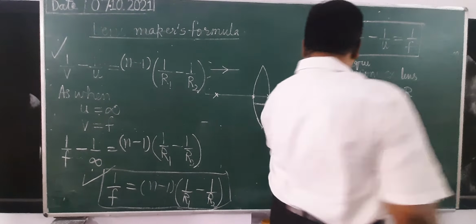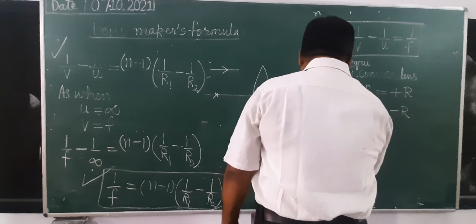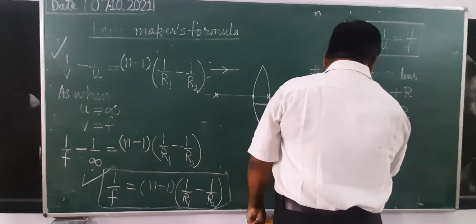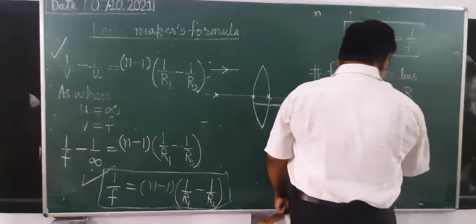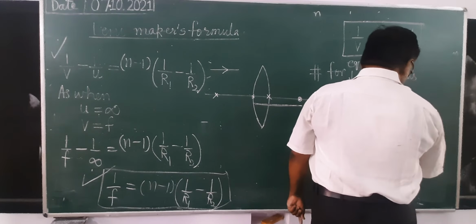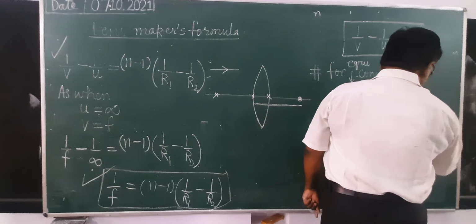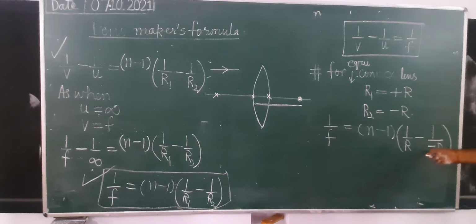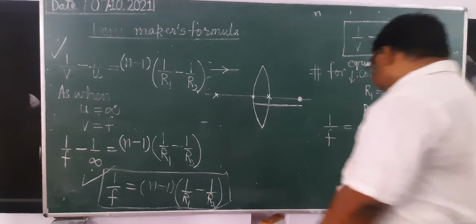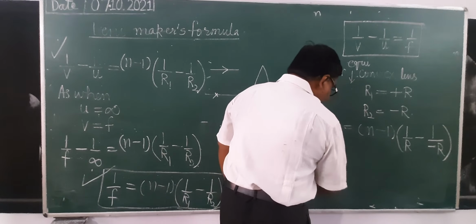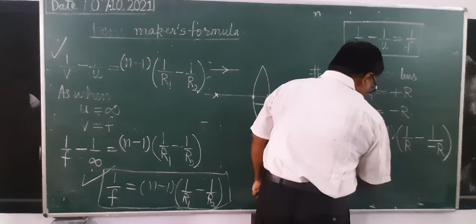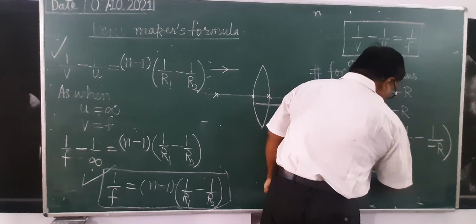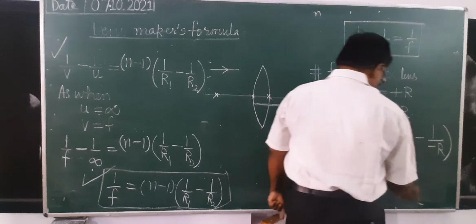So when you substitute, what will you get? 1 upon f equals to n minus 1 within bracket 1 upon r minus 1 upon minus r. So minus and minus will become plus. So 1 upon r plus 1 upon r, that is 2 upon r. So 1 upon f equals to n minus 1 into 2 upon r. Is it clear?